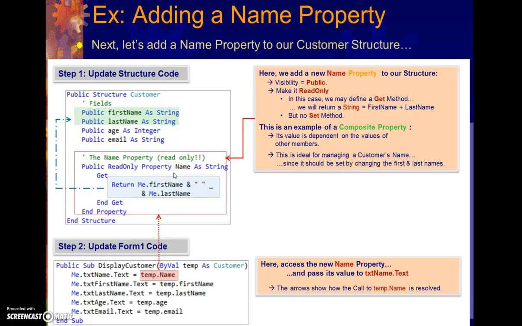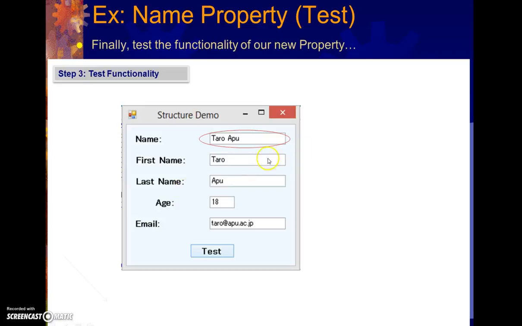So he's setting it as read-only here, and creating this property. And actually what it's doing is it's returning the first name and the last name together. And so it will look like this. So if you type, if Taro and APU are here, then it'll look like that.